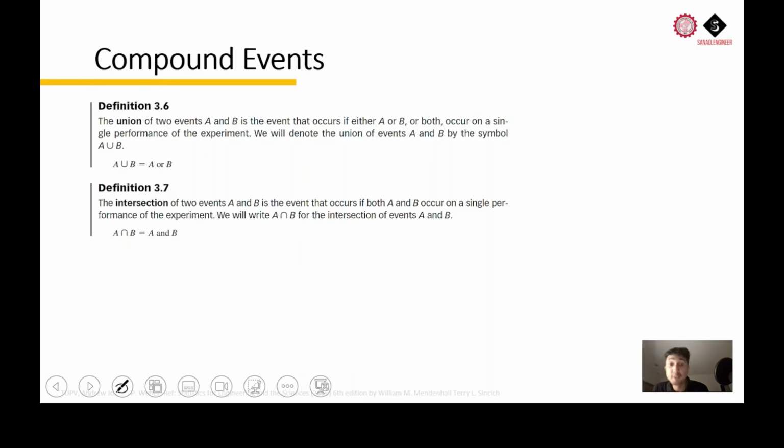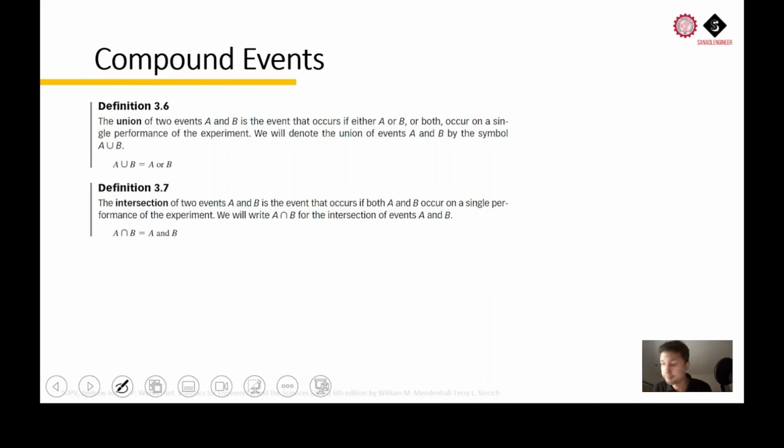The union of two events, A and B, is the event that occurs if either A or B or both occur on a single performance of the experiment. We will denote the union of events A and B by the symbol A ∪ B. Okay, so A ∪ B for the union, and that is equivalent to A or B. A or B means sum, or addition.